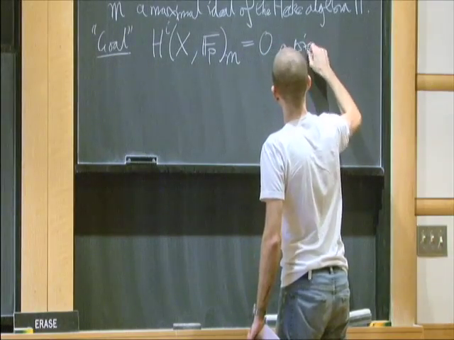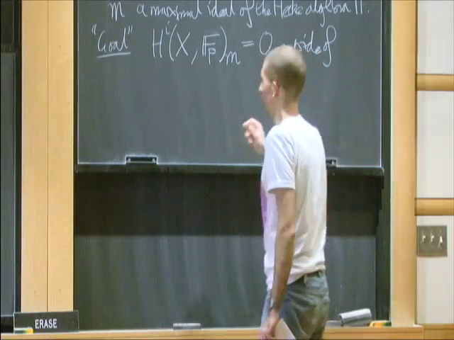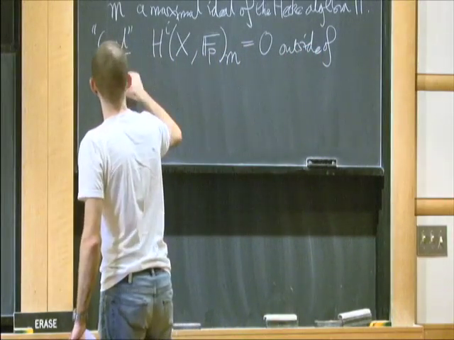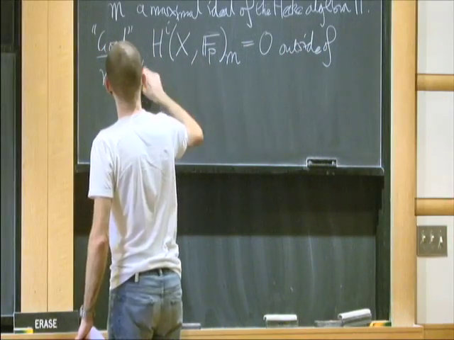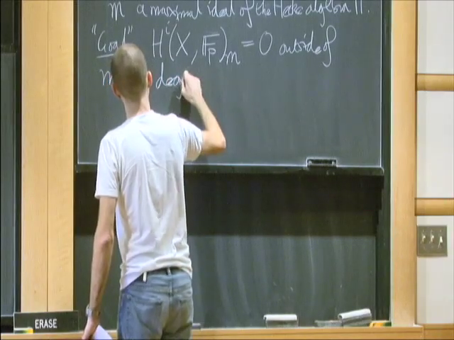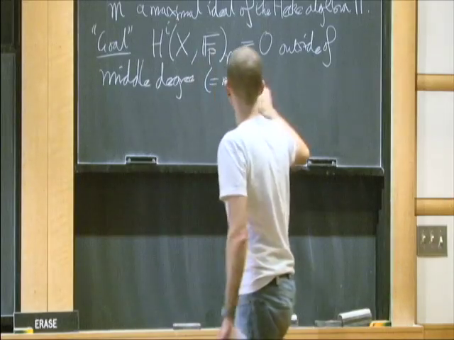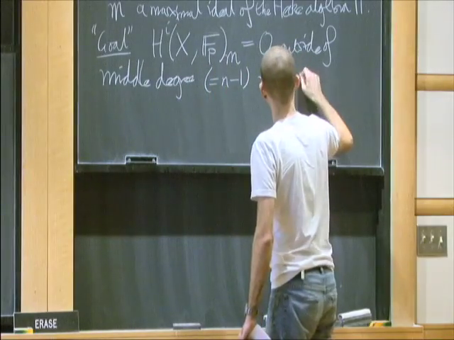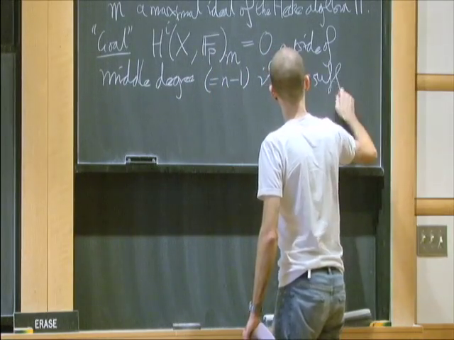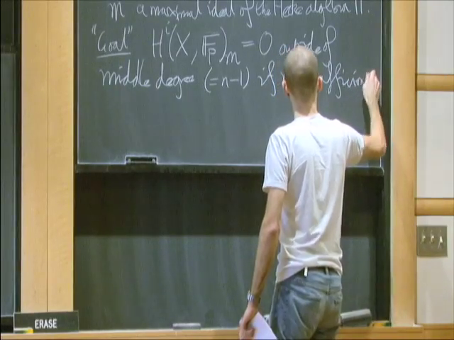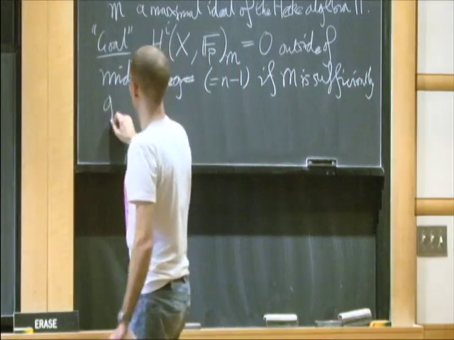And that's not what we prove, but maybe that's what the conjecture would be if M was sufficiently generic. Middle degree is, I guess, n-1 if M is sufficiently generic. And so we prove some cases of this.